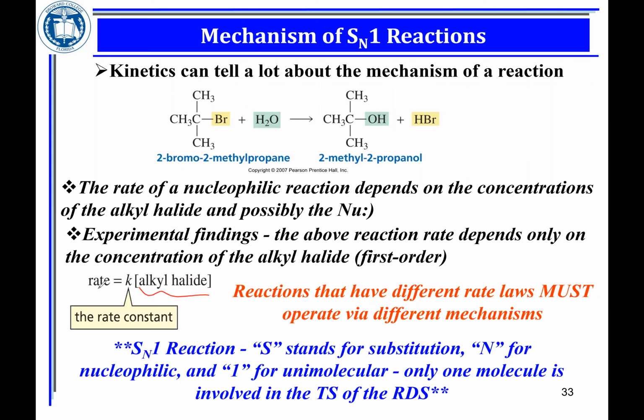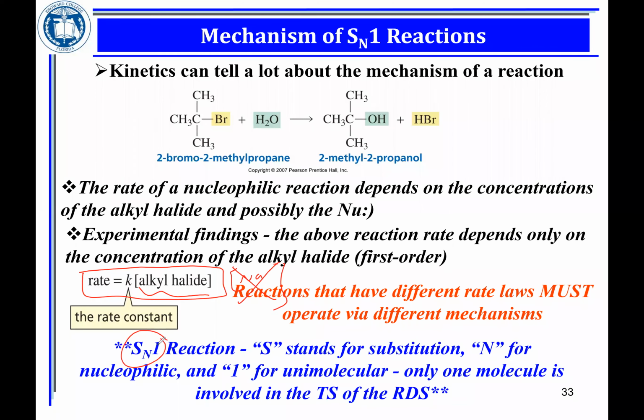So when you write the rate for this reaction, it equals k times the concentration of alkyl halide. The concentration of the nucleophile does not appear in the rate law. So this mechanism is actually SN1, not SN2.